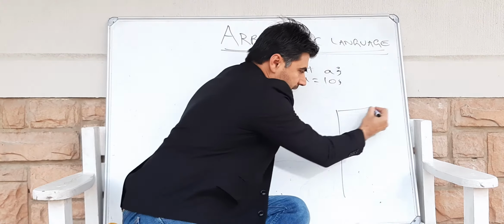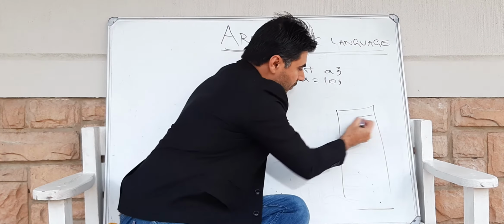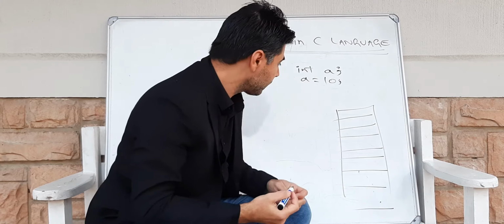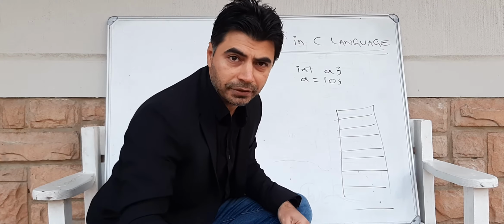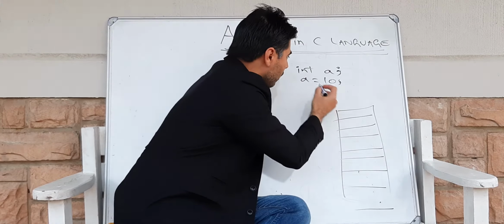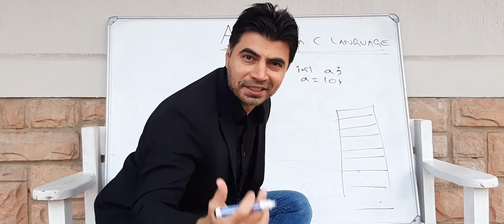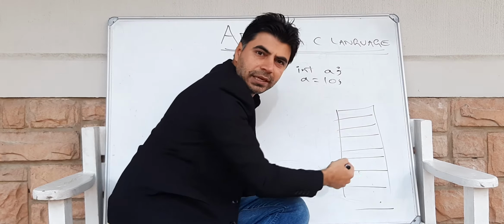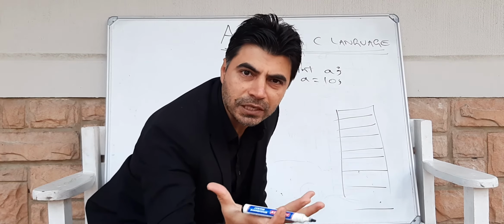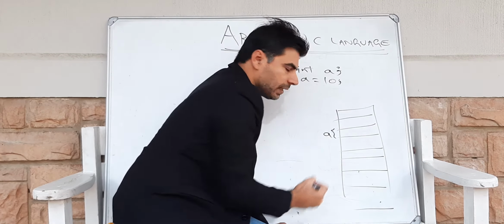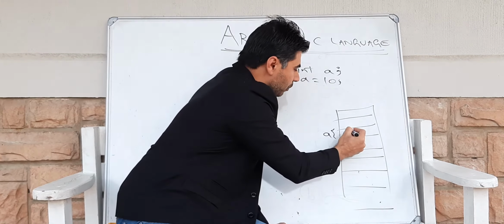Assume this is memory, lots of rooms in the memory where the data is stored temporarily when you run the program. When you run this code, variable A will be initialized in the memory, but randomly, wherever an empty space is available. So as an example, this space is available, it will initialize for A. So here it will put 10.